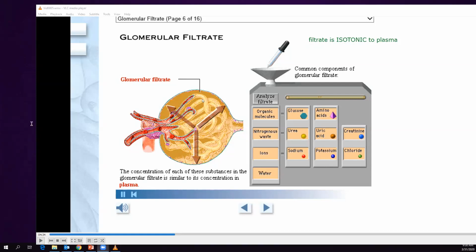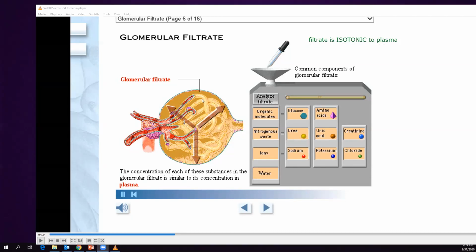So when the material gets filtered, the concentration of that material that's in the plasma is going to be the same as what comes out in the filtrate.